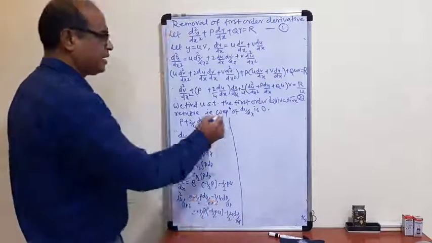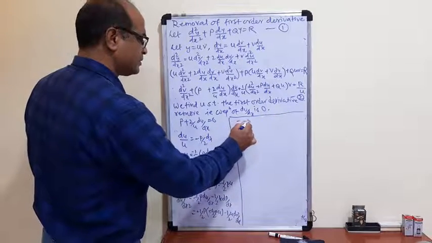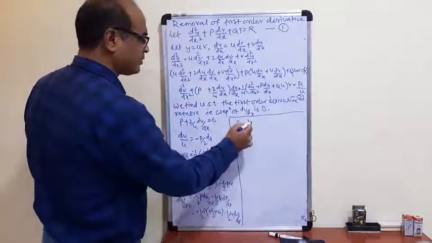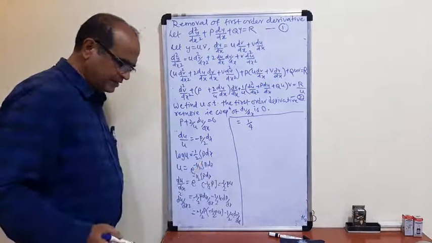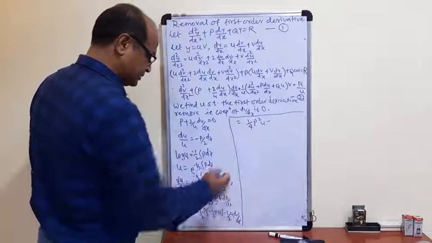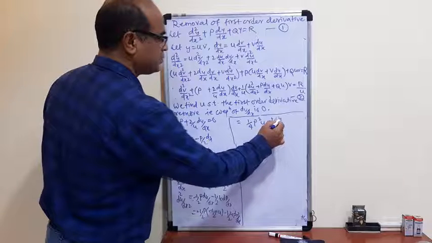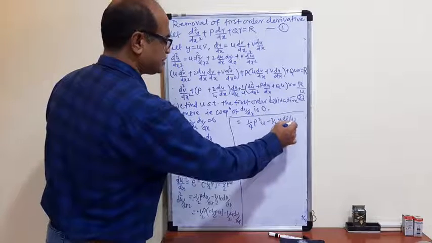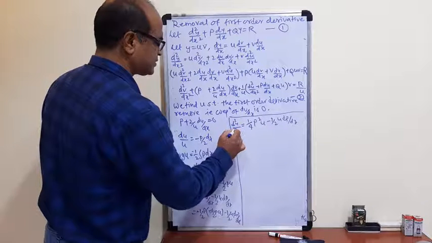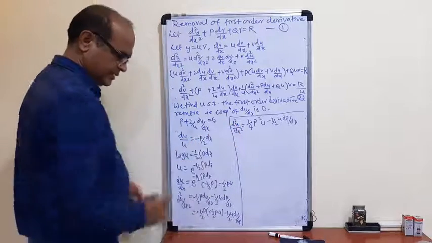Therefore, this is plus 1 by 4 p square u minus 1/2 u dp by dx. So this is d2u by dx square, very simple.